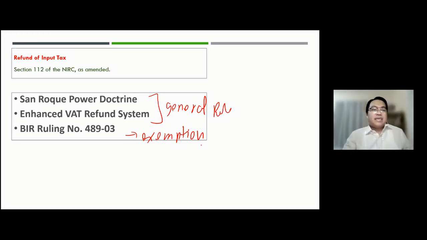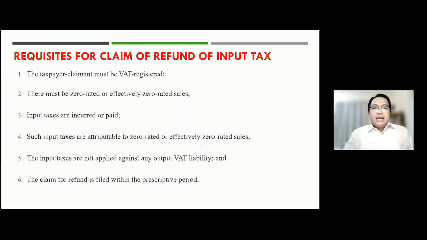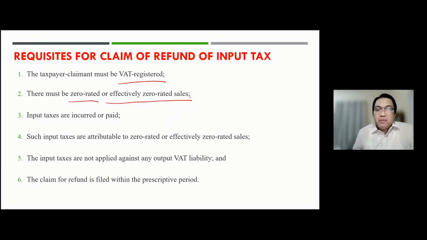Okay? Now, let's talk about that Section 112, refund of input tax. Okay, now, here are the requisites for the claim of refund of input tax under Section 112. The taxpayer claimant must be VAT registered. The sale must be zero rated or effectively zero rated. Kailan nagiging effectively zero rated? If pursuant to a special law or international agreement on which the Philippines is a signatory, the sale is effectively made as zero rated.